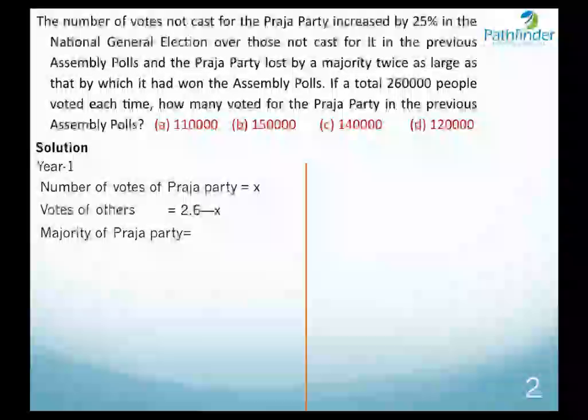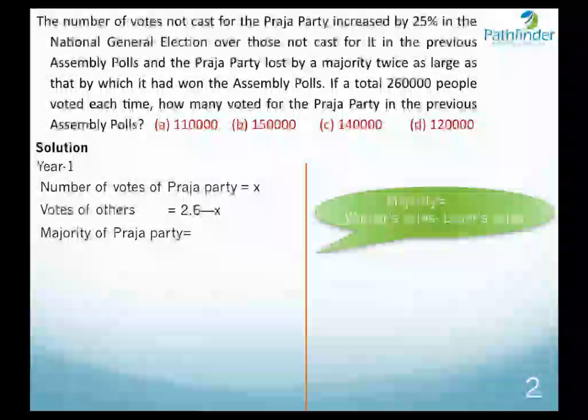So majority of Praja Party, and here it is important to understand the term majority. Now what is majority? Majority is winner's votes minus loser's votes. So subtracting the number of votes by the loser from the number of votes by the winner, we will get the majority of any party.